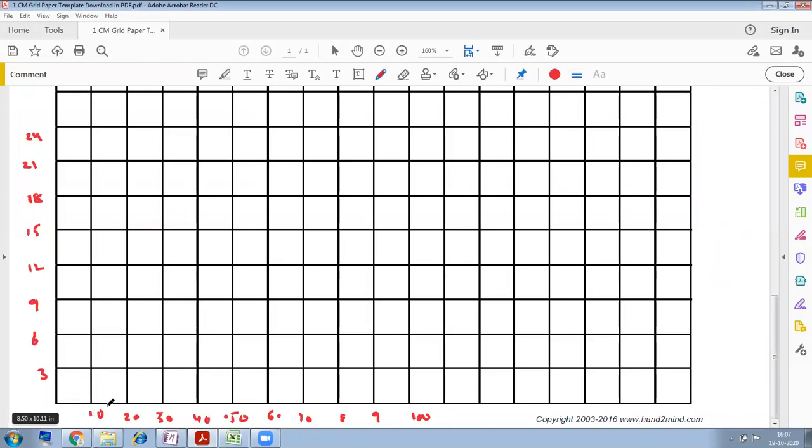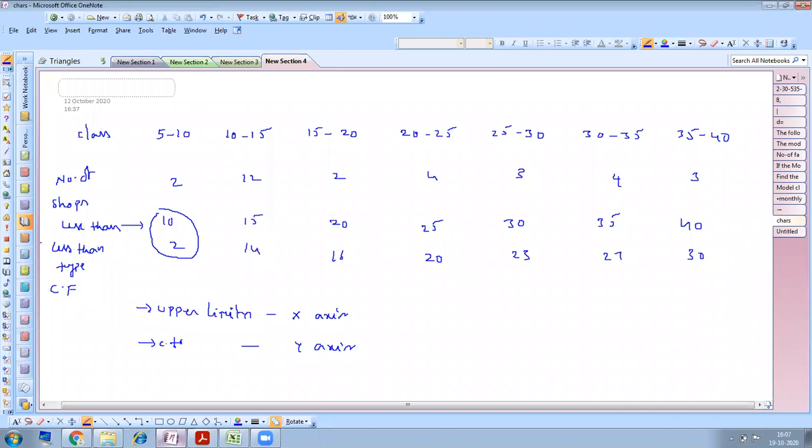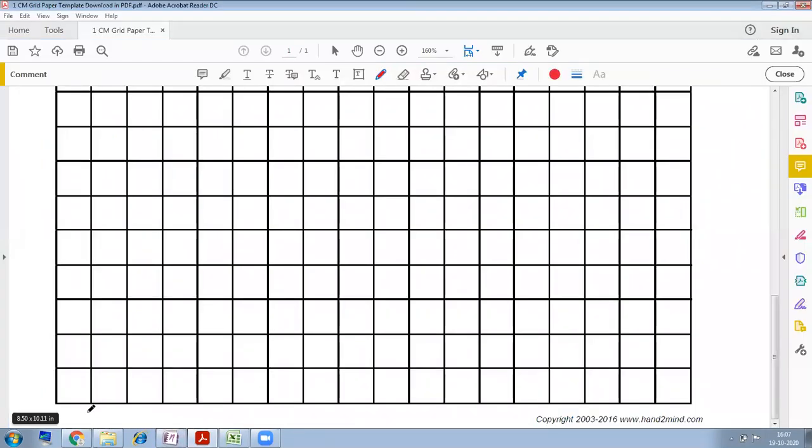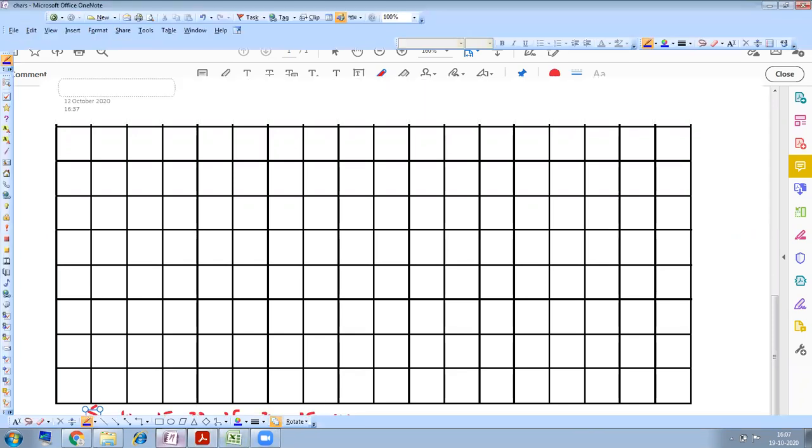Instead of taking 10 to 100, what scale is better? I can take 10, 15, 20, 25. Each one is 5: 10, 15, 20, 25, 30, 35, 40. Now you will get a clear scale.